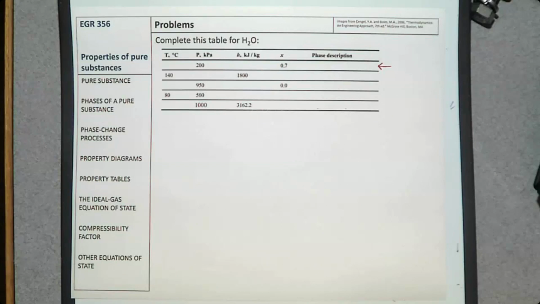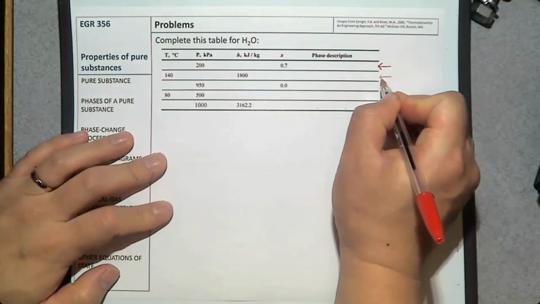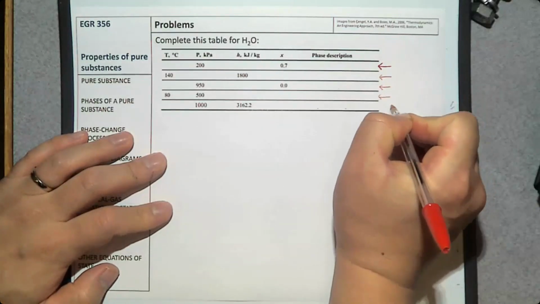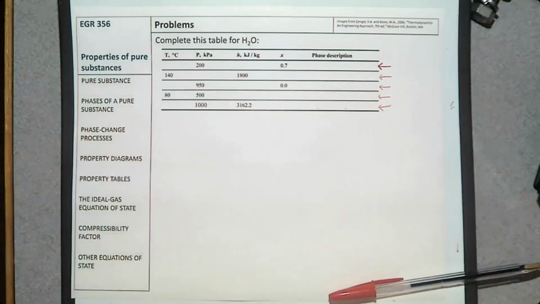In the second problem, we know temperature and specific enthalpy. So by using these 2 values, you are going to determine the phase change process, and you are going to evaluate its pressure, its quality x, and so on. So there are, you can see, 5 problems, and you will see a similar table in your first exam.